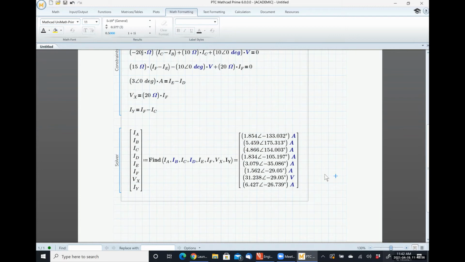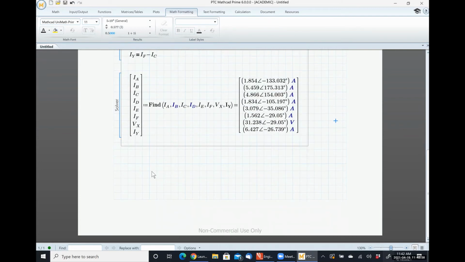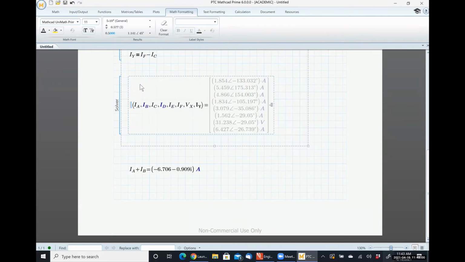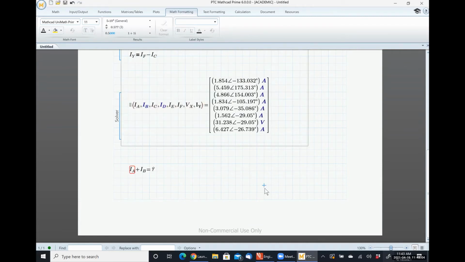Let me just show you something real quick. Just for the sake of argument, if I wanted to know what the sum of two currents was, so let's call it I capital A plus I capital B, it gives me an answer. If I were to delete that matrix, it no longer gives me an answer.